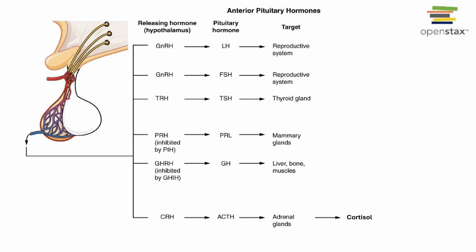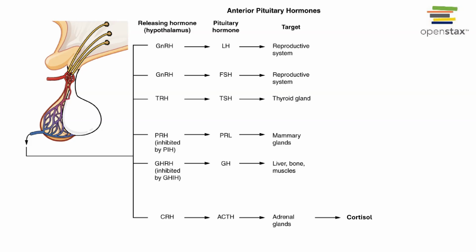There are several more examples of releasing hormones produced by the hypothalamus that function as the hormonal stimuli for the anterior pituitary to release hormones. Gonadotropin-releasing hormone, or GnRH, stimulates the anterior pituitary to release luteinizing hormone, or LH. GnRH also stimulates the release of follicle-stimulating hormone, or FSH.